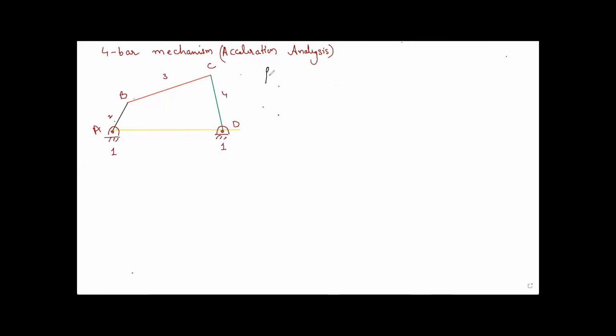From the previous analysis, we know the magnitudes of the velocity of B with respect to A, the velocity of C with respect to B, and the velocity of C with respect to D. All these magnitudes and directions are known.